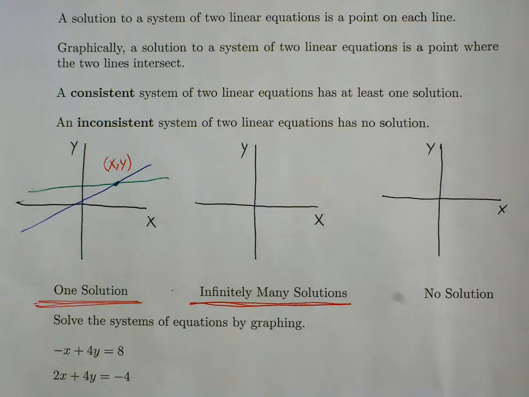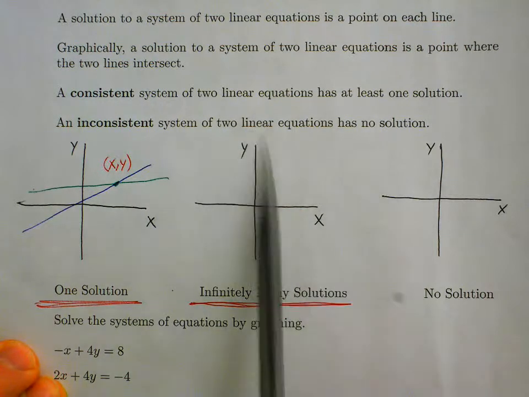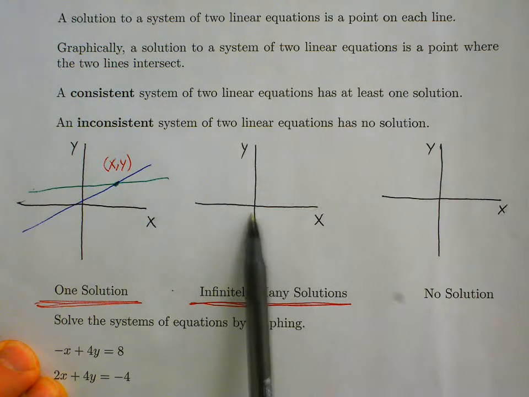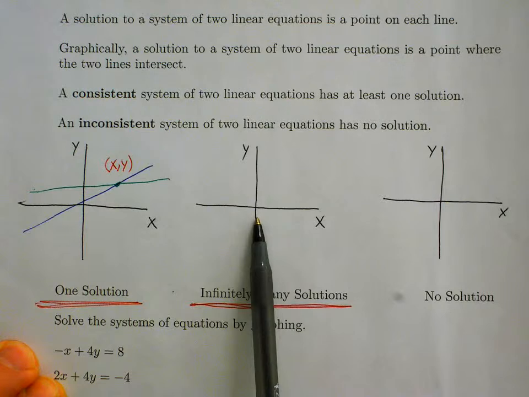Well, a horizontal and a vertical line intersect at only one point. For example, the x-axis and the y-axis. Those are two straight lines, but they only intersect at one point.